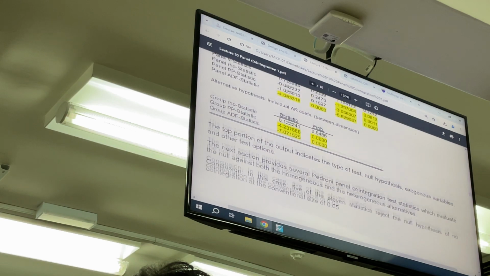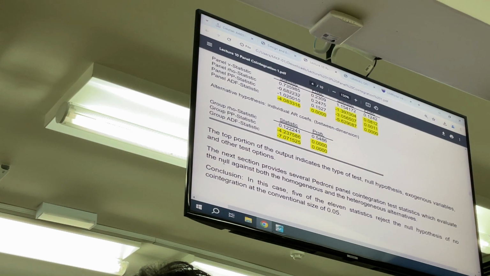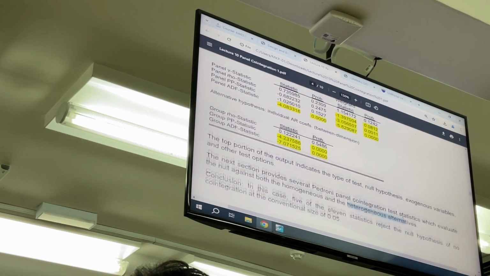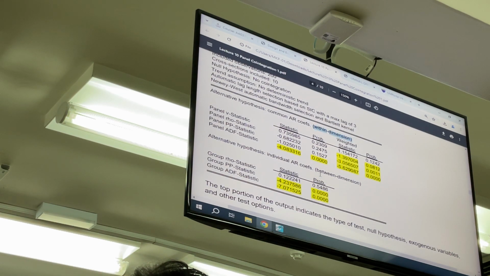Then this one is a Pedroni test statistic, which is against an alternative, either homogeneous or heterogeneous. This refers to the within and this refers to the between. So what is the difference? This homogeneous alternative is that rho is less than 1, a common AR, but this one is an individual AR.